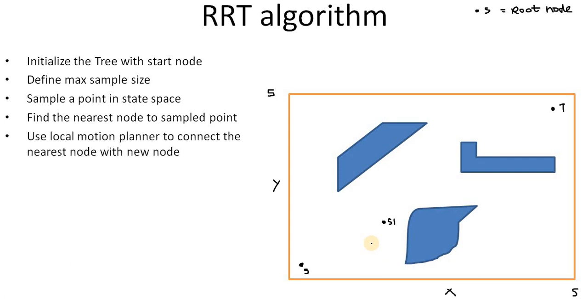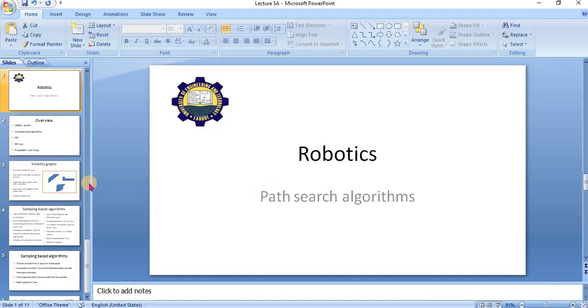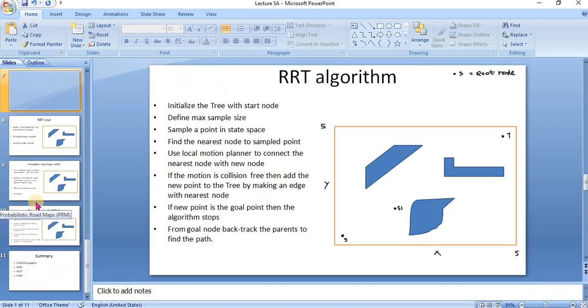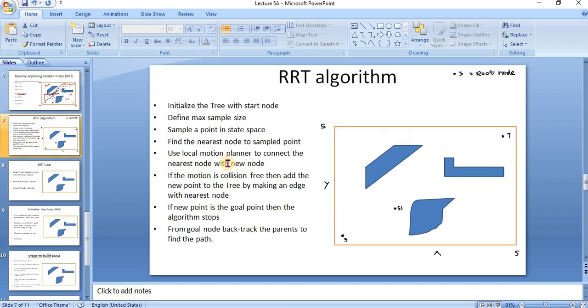Use local motion planner to connect the nearest node with the new node. Okay, I missed one step here. Let me add it here. So here you can see we use the local motion planner.